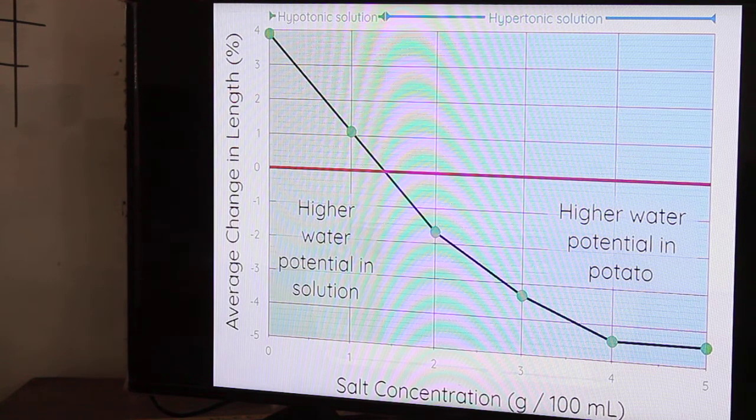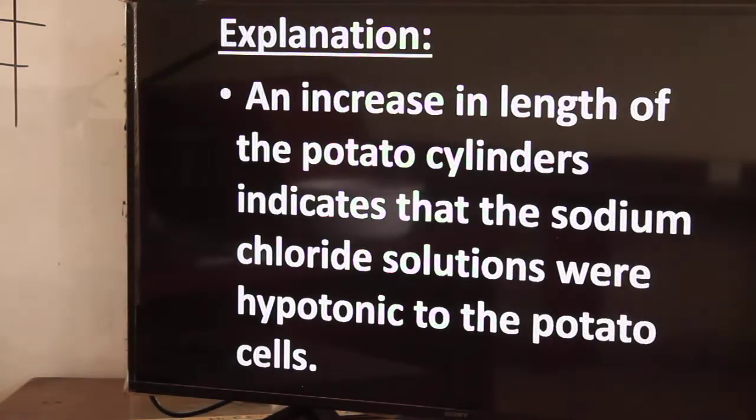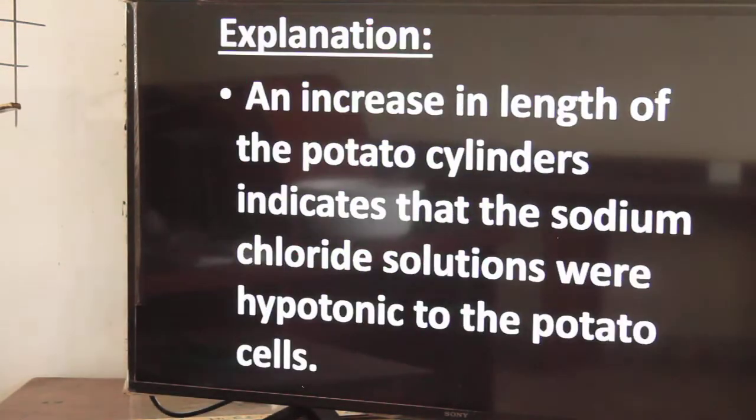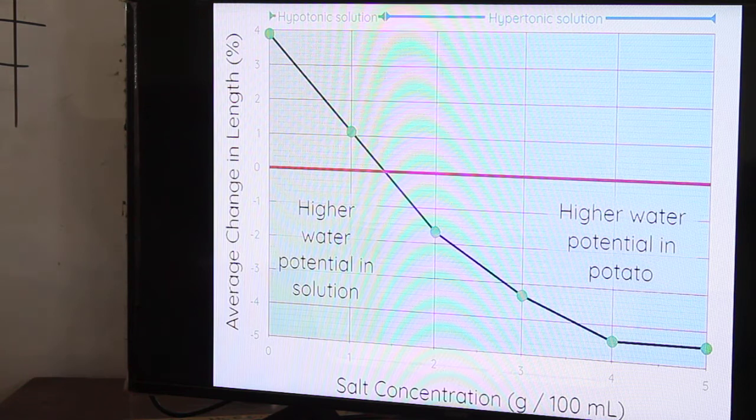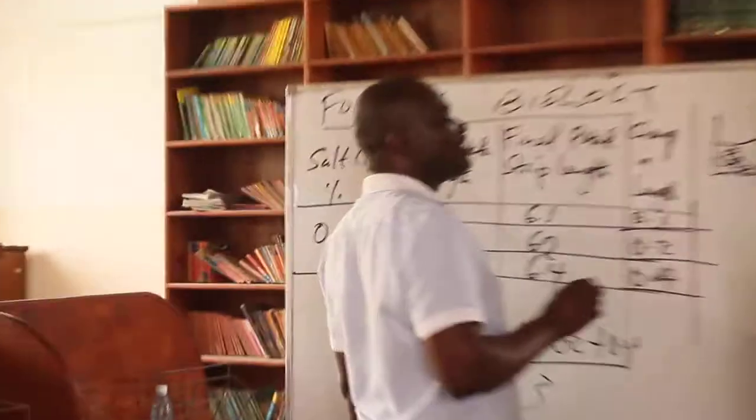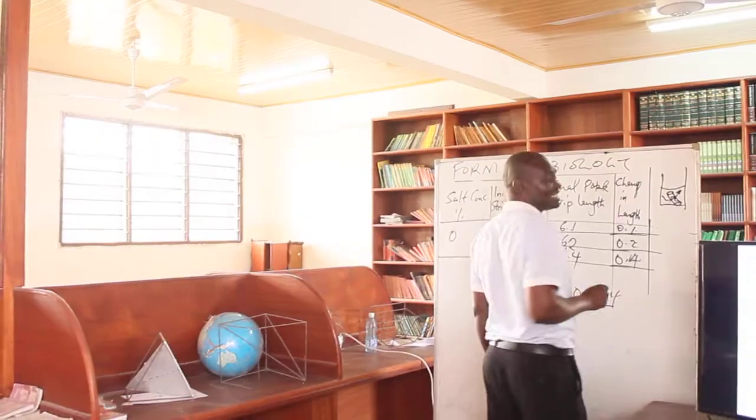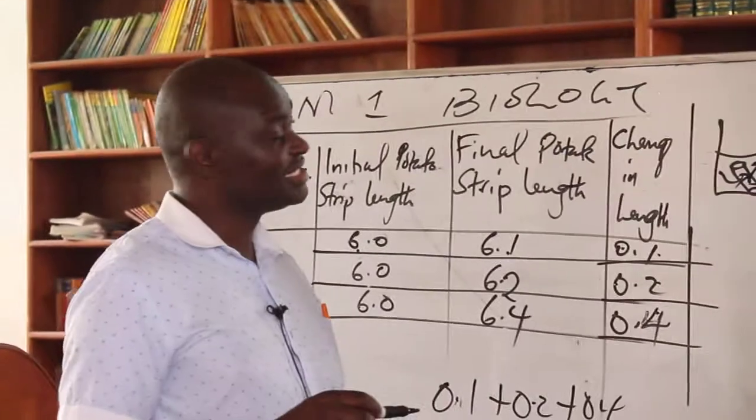The reason it does not change in length is because the amount of water getting into the potato is the same as the amount of water leaving the potato cells by osmosis.